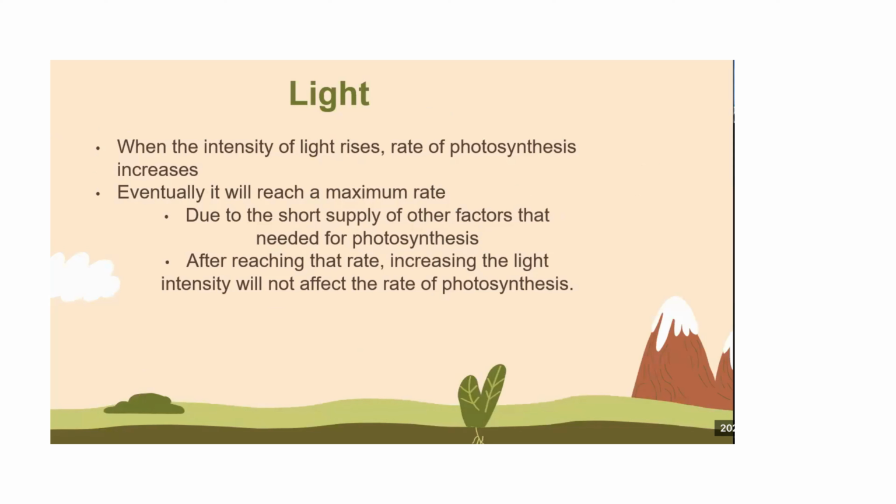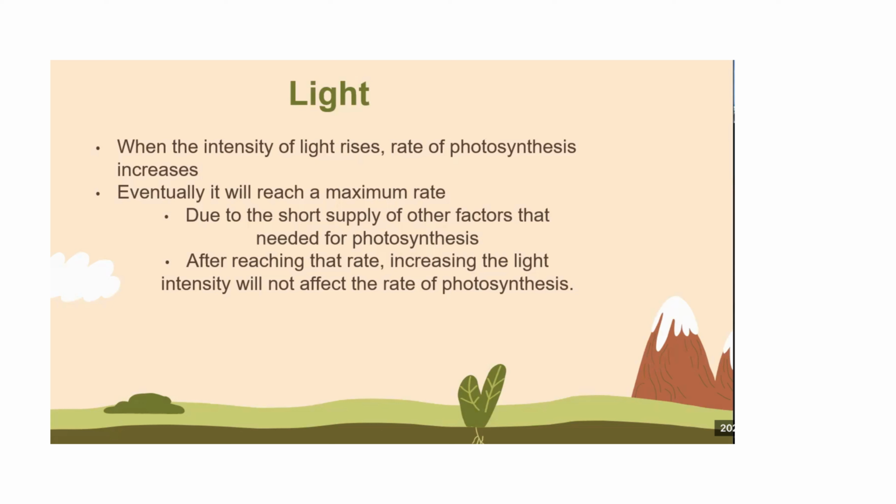In light, I told you previously also with the graph, when the intensity of the light rises, the rate of photosynthesis increases up to some amount, but eventually it will reach a maximum rate due to the short supply of other factors, because other factors have a limit. So after reaching that limit, an increase in light intensity will not affect the rate of photosynthesis.